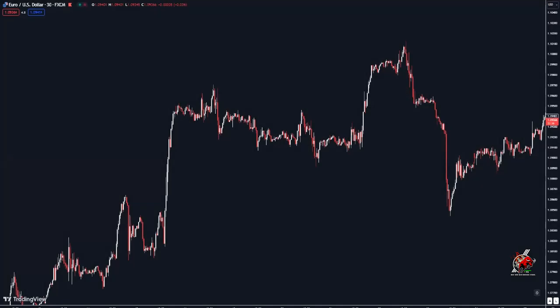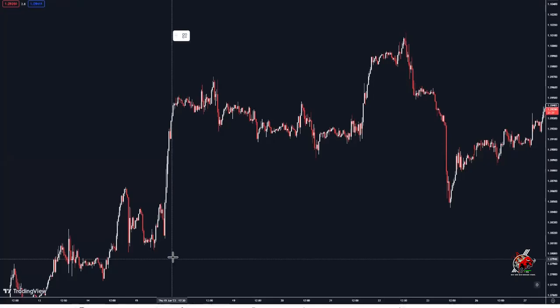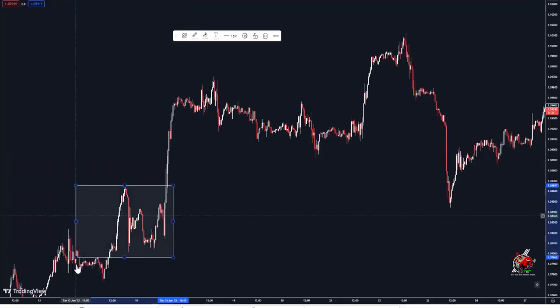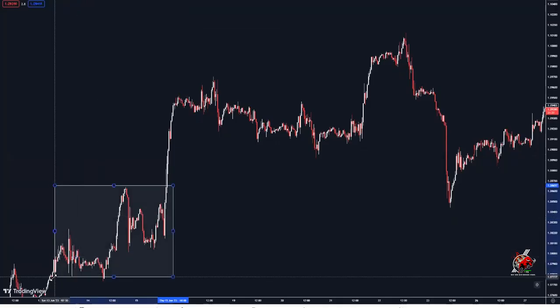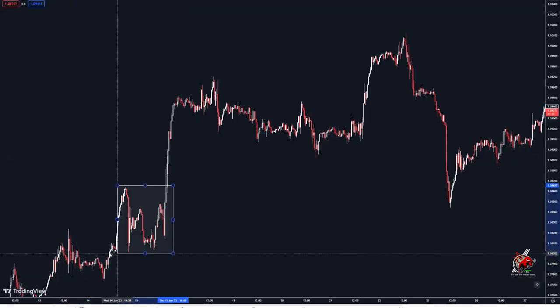Let's quickly check this example right here. We can already see that the market has done what? The market has done a consolidation right here, right? We can also include here, but just to simplify it, let me include this one, because we have 1, 2, 3 touches, right?